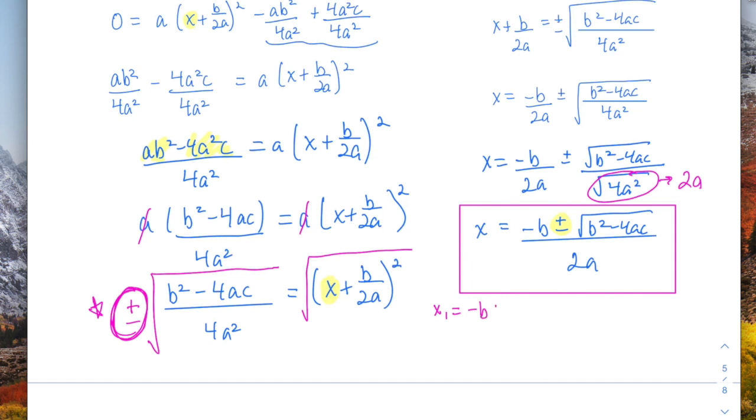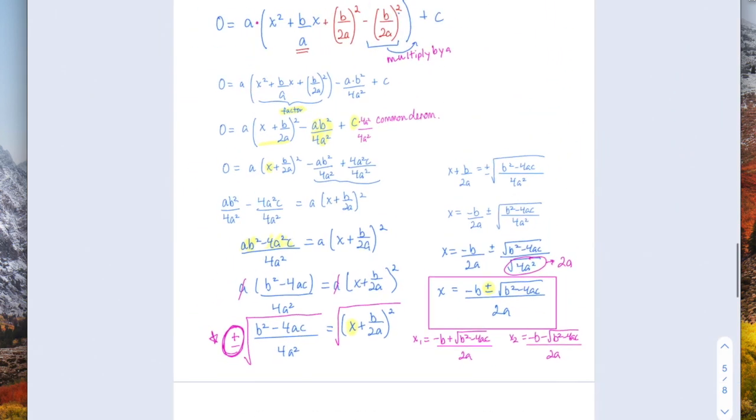The first one is negative b plus the square root of b squared minus 4ac, over 2a. And the second x-intercept is negative b minus the square root of b squared minus 4ac, over 2a.